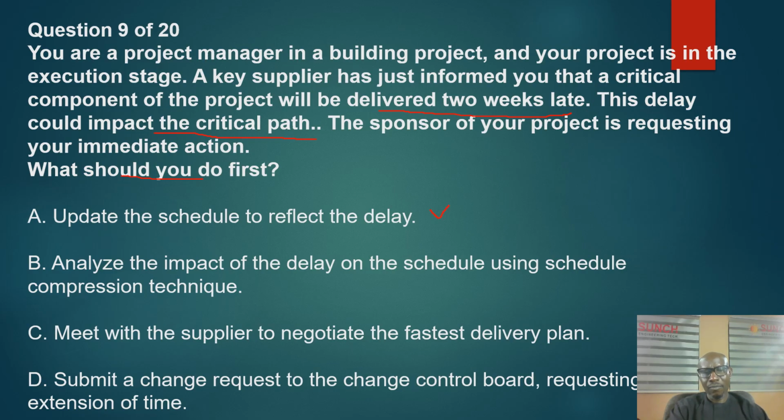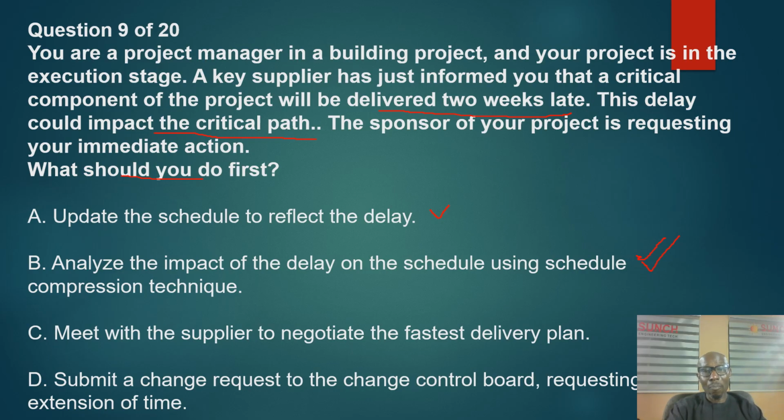Let's see. Let's give it a small mark. B. Analyze the impact of the delay on the schedule using the schedule compression technique. This looks more like the thing to do. C. Meet with the supplier to negotiate the fastest delivery plan.